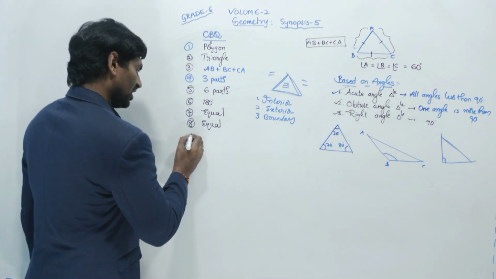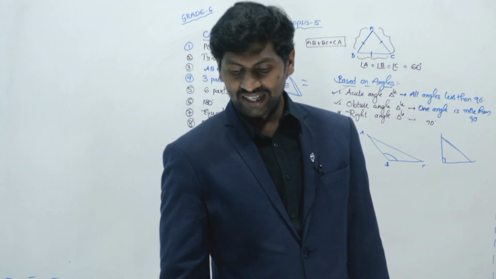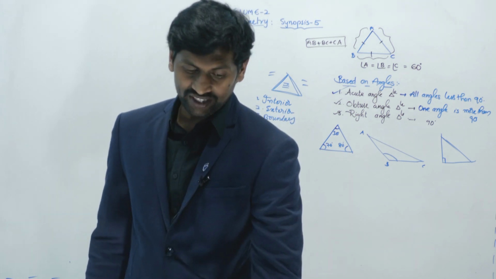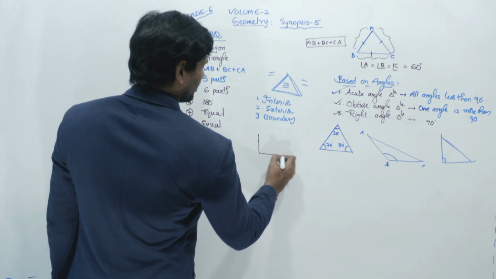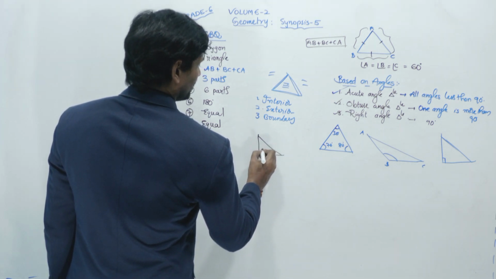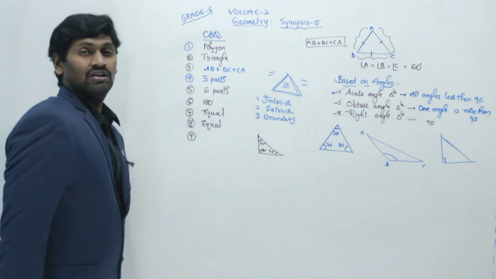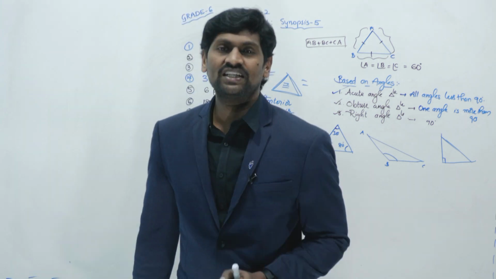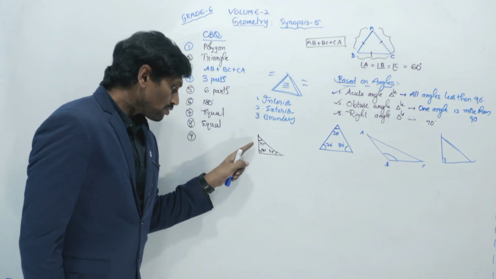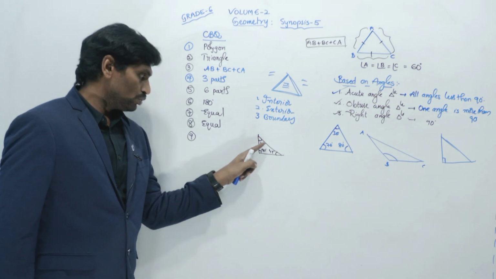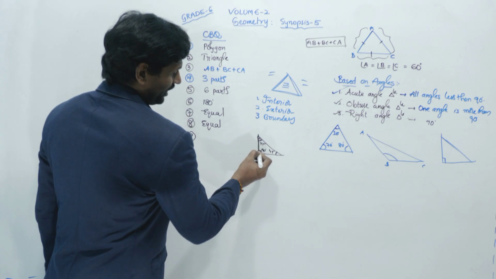Coming to question number 9: given the triangle having 90 degrees, 45 degrees, 45 degrees. Let me draw a diagram. This is 90 degrees and the remaining 2 are 45 degrees and 45 degrees. In this triangle one angle is 90 degrees, so it is a right angle triangle, and the base angles are also equal. That means 2 angles are equal, so their 2 sides are also equal.